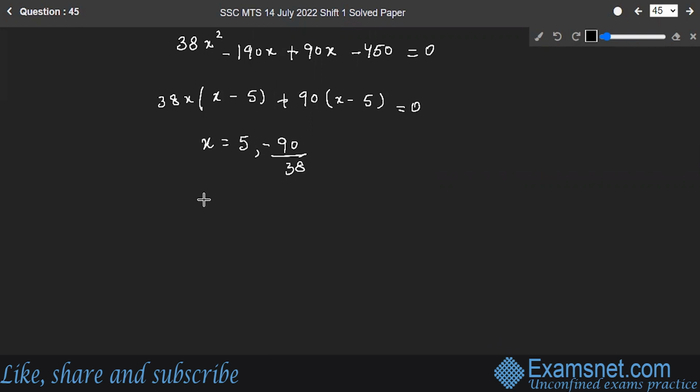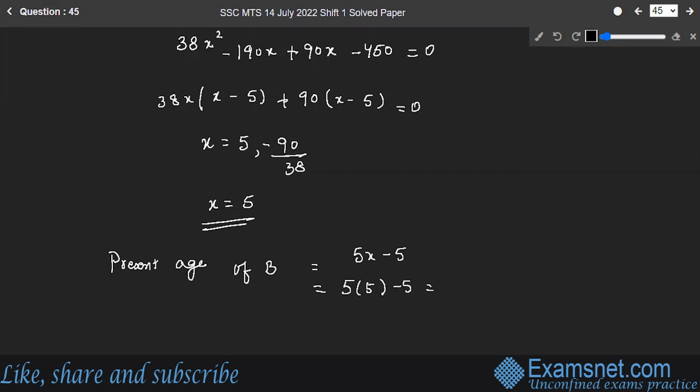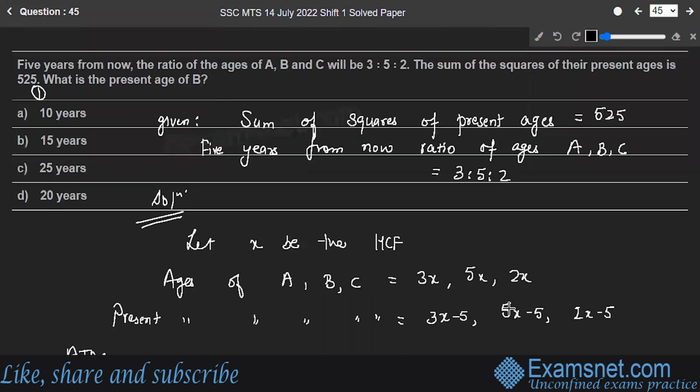So I'll just take the x value as 5 only. So the present age, this was our question. You have to find out the present age of B. That was equal to 5x minus 5, which is 5 multiplied by 5 minus 5, which will be equal to 20 years. So this 20 years is the present age of B. Let's check with the options.